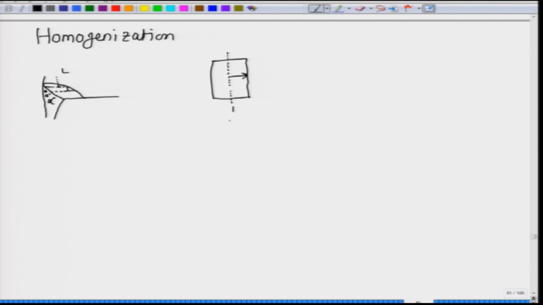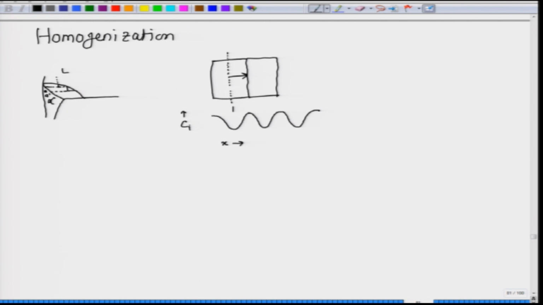Since the center is depleted in solute, if you draw the concentration versus x coordinate here, you will get a plot something like this, and when there is a next grain nucleated next to the first grain, this pattern will be repeated, and you will see a kind of sinusoidal distribution of the solute throughout the microstructure, considering we are dealing with a single phase alpha.